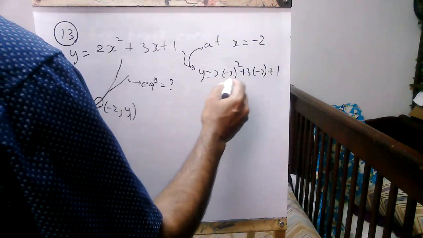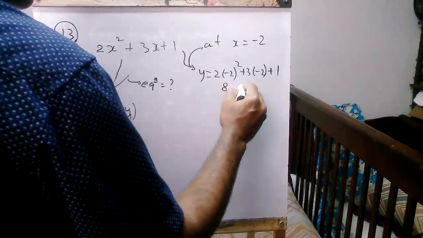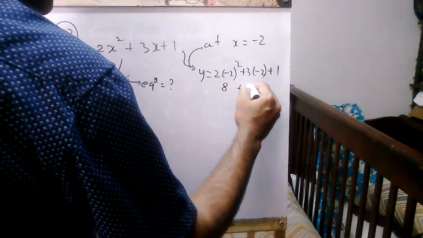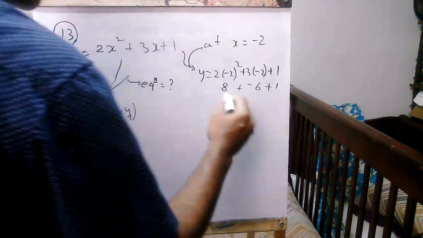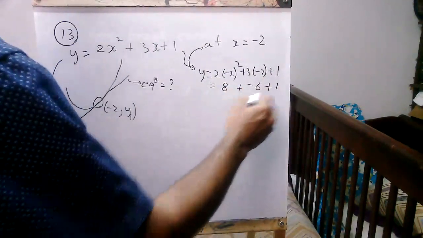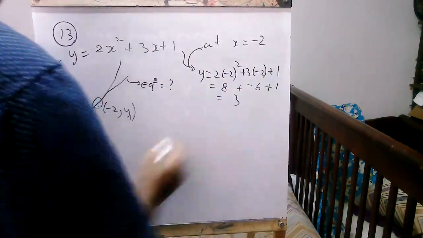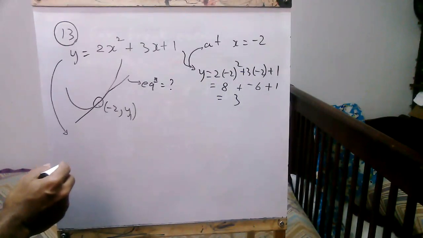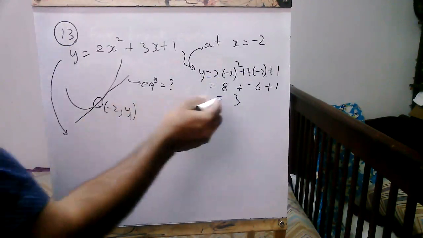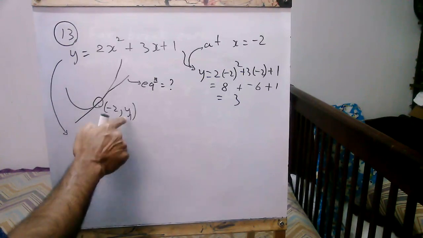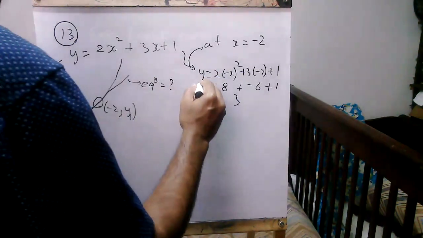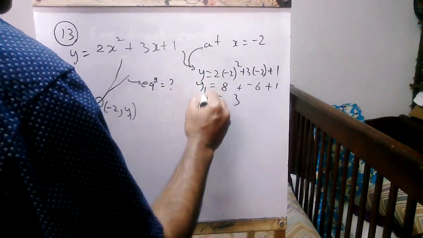This is positive 4. 4 times 2 is 8 plus negative 6 plus 1. 8 minus 6 is 2 plus 1 is 3. That means this y1 is 3.